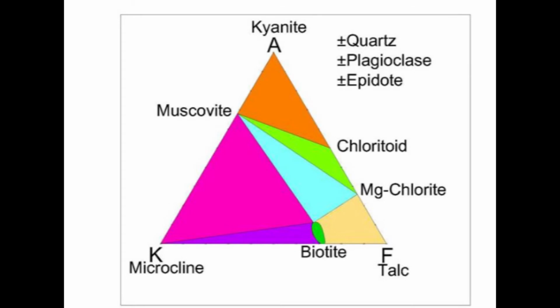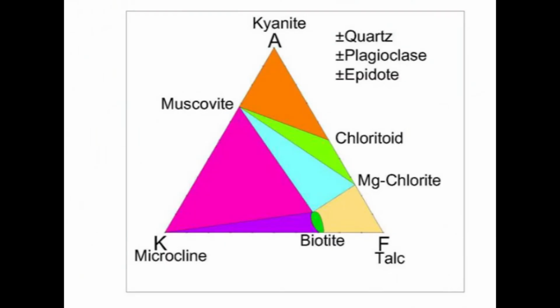And sixth assemblage, biotite plus or minus epidote plus or minus microcline plus or minus albite plus or minus quartz. In short, it is also known as biotite schist. Seventh assemblage is your muscovite plus quartz plus chlorite plus biotite plus or minus epidote and plus or minus albite, is also known as muscovite biotite chlorite schist.